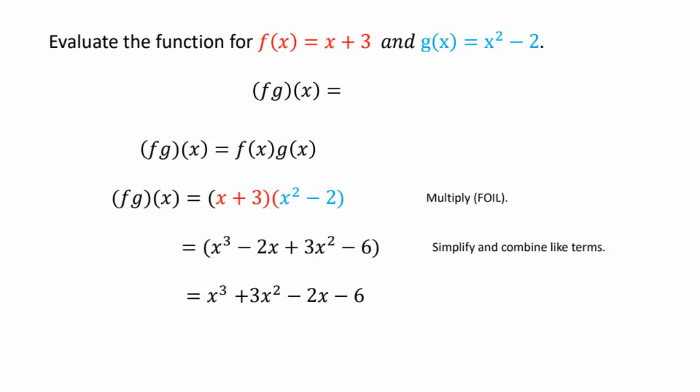And we bring down the constant, which is negative 6. There are no terms that you can combine because all these are unlike terms. So the f function times the g function gives us x cubed plus 3x squared minus 2x minus 6.